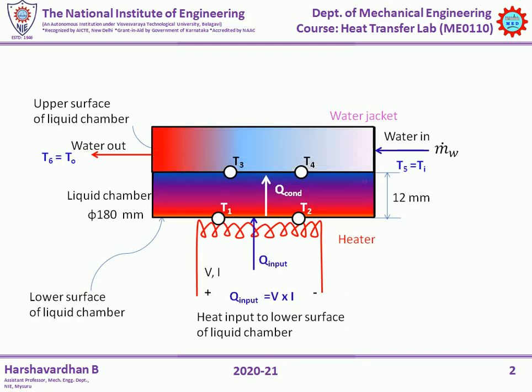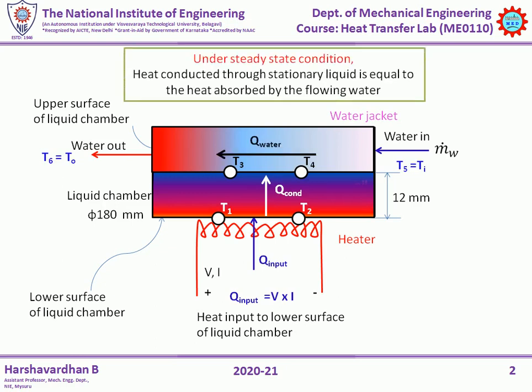The water will be entering at room temperature, and as the water flows over the upper surface of the liquid chamber, it absorbs the heat from the upper surface, and it will come out of the water jacket at a higher temperature, which will be T6 degree centigrade.